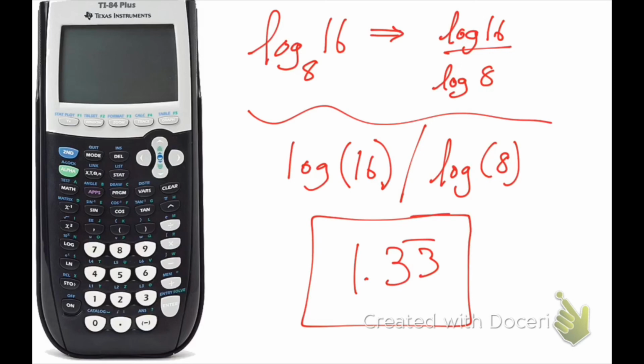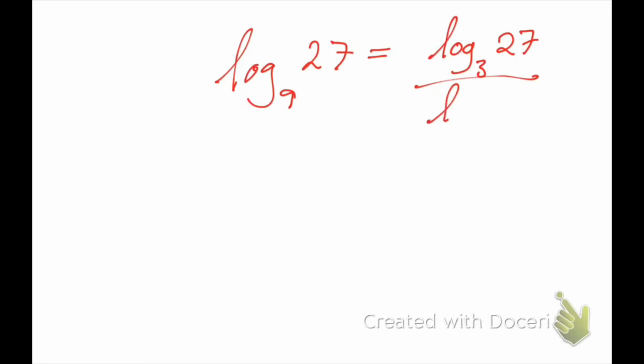So super easy to change the base to whatever you want. Again, if I go back to this question, log base 9 of 27, I could also change that to log base 3 of 27, change the base to a 3, and then divide that by log base 3 of 9.